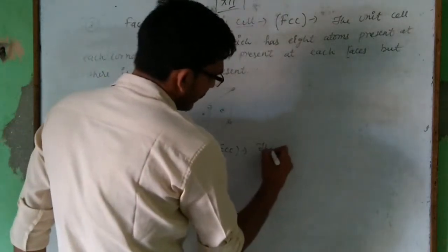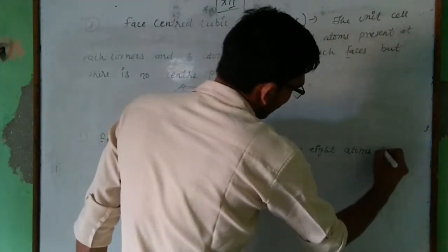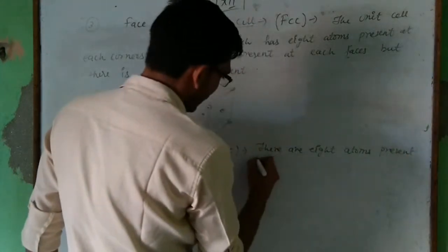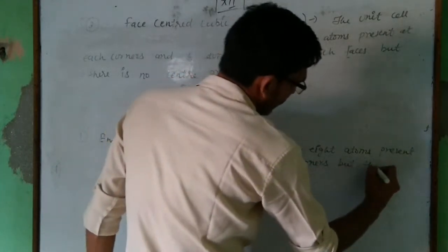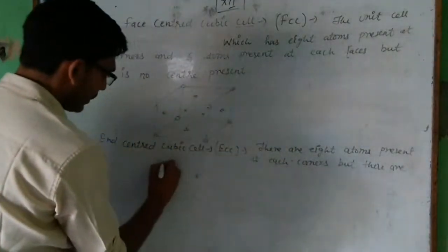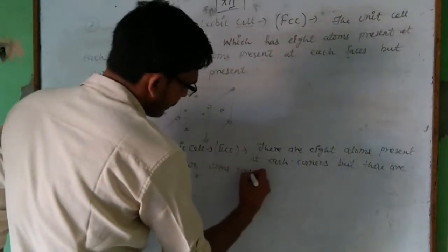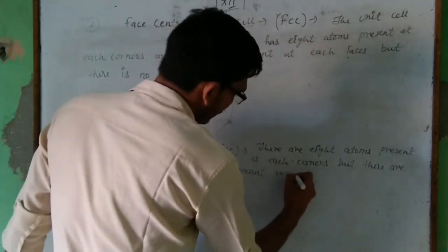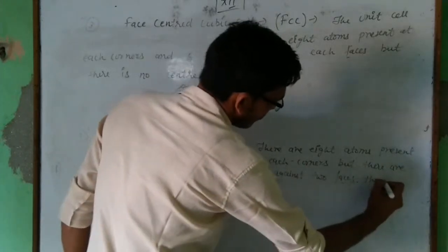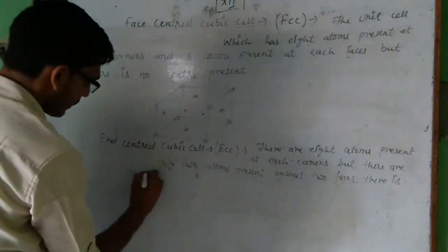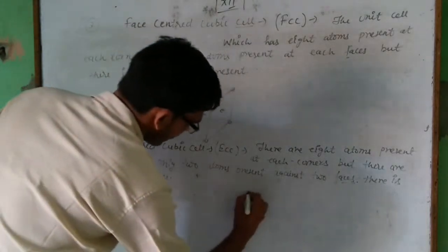So there are 8 atoms present at each corner, but there are only 2 atoms present against 2 faces. There is no center.